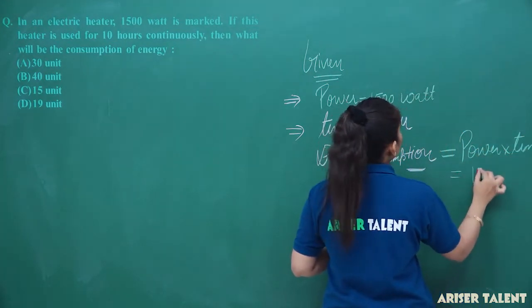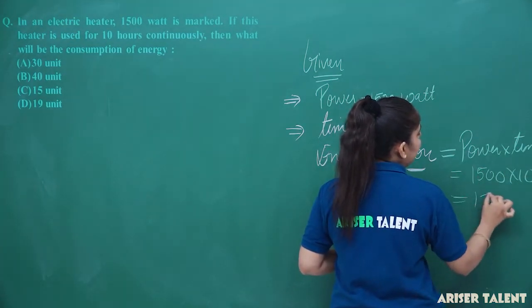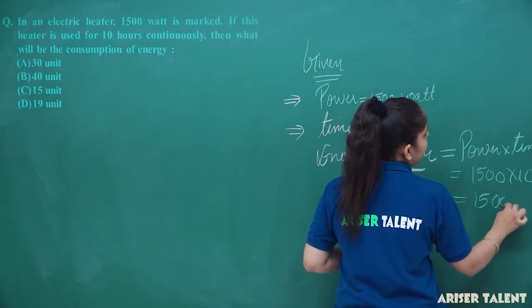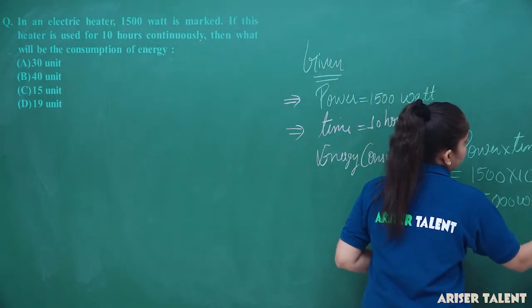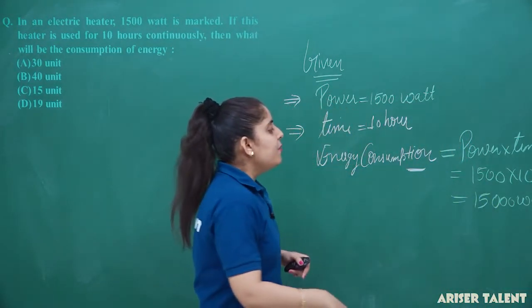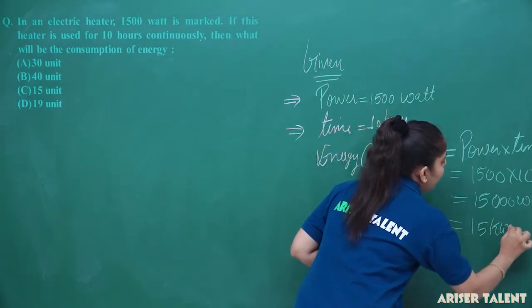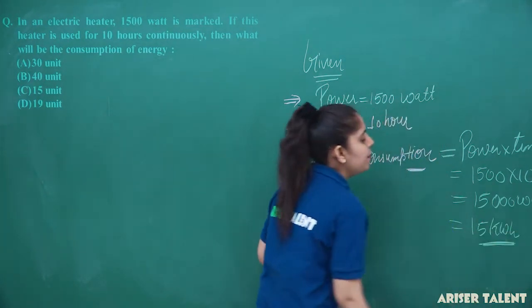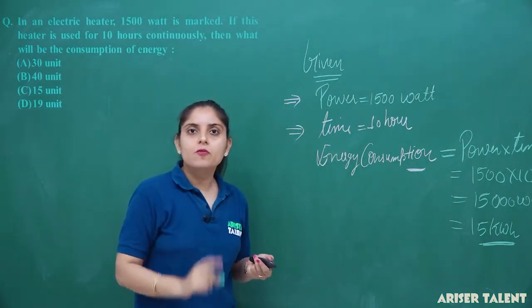So, power is 1500 and time is 10. So, what am I getting here? 15,000 watt hour. Now, if I write it as 15 kilowatt hour, it means I have converted the watt hour into kilowatt hour by dividing it by 1000.